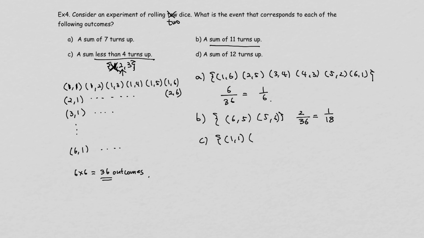And 3 is going to be either 1, 2 or 2, 1. So you have 3 over 36, reduced to be 1 over 12. The last one is asking sum of 12. 12 is just one event, which is 6 and 6. So that will be a 1 over 36 event.